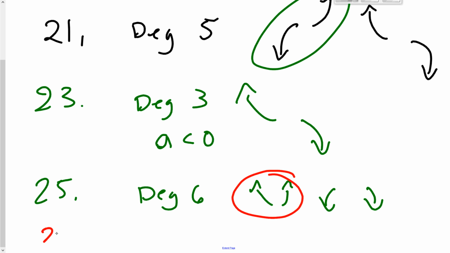The last one, number 27, has a degree of 10, so again it's even, going up and up or down and down. It has a lead coefficient of negative 5. This one might look confusing, but remember the degree is the largest exponent and the lead coefficient is the coefficient in front of that largest exponent. So that's a negative 5, which means it's going to go down and down. That's the homework for end behavior.